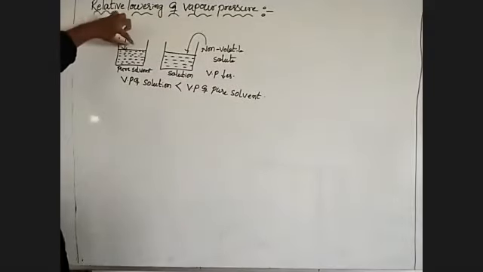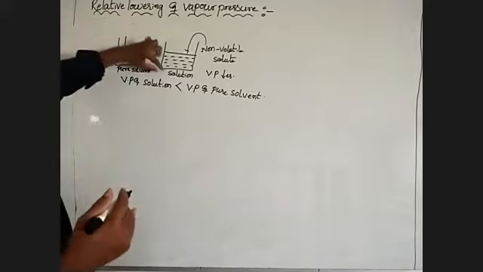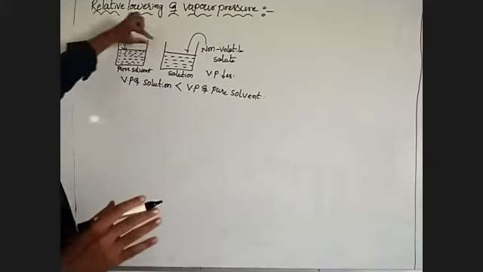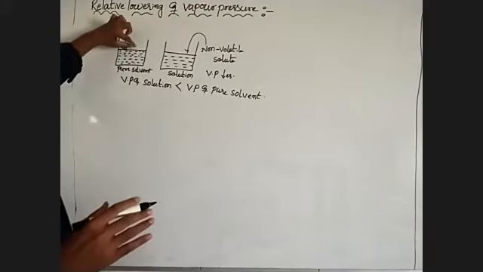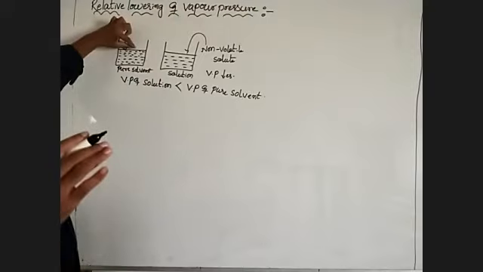That means the vapor pressure of the pure solvent is always greater than that of the solution. This is pure solvent, this is solution. Why? Because at the surface, only pure solvent molecules are present.